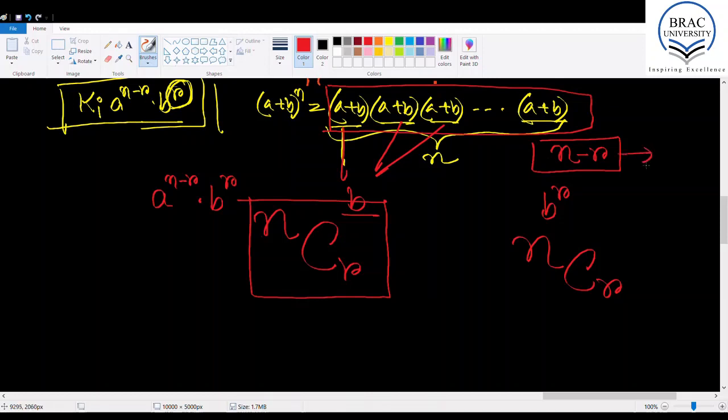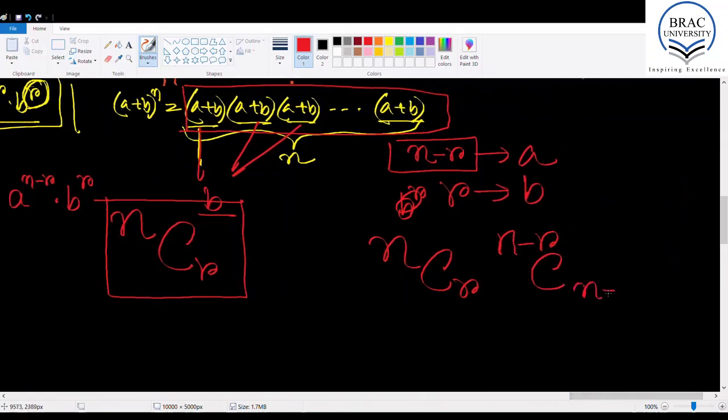So all of these n minus r options will provide a, and all of the r options will provide b. So from the remaining n minus r options, we will take a: (n minus r)C(n minus r).